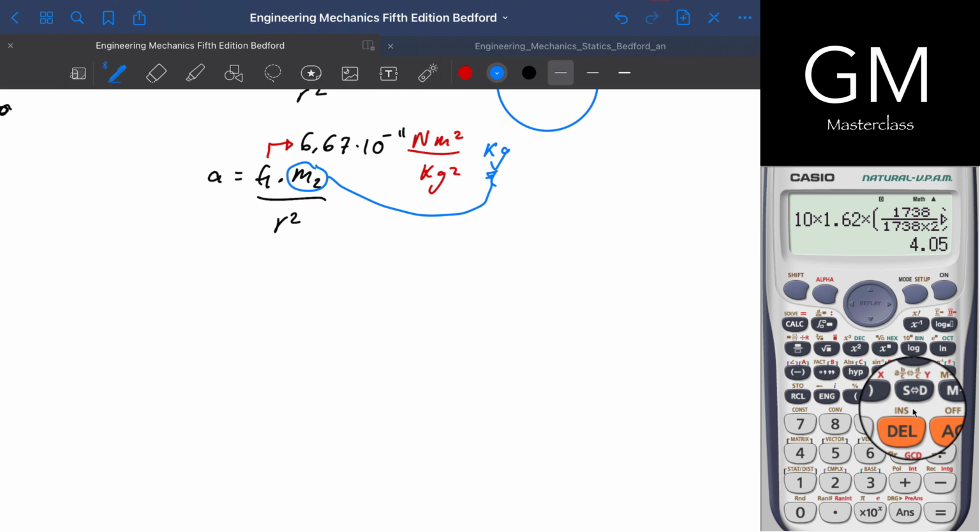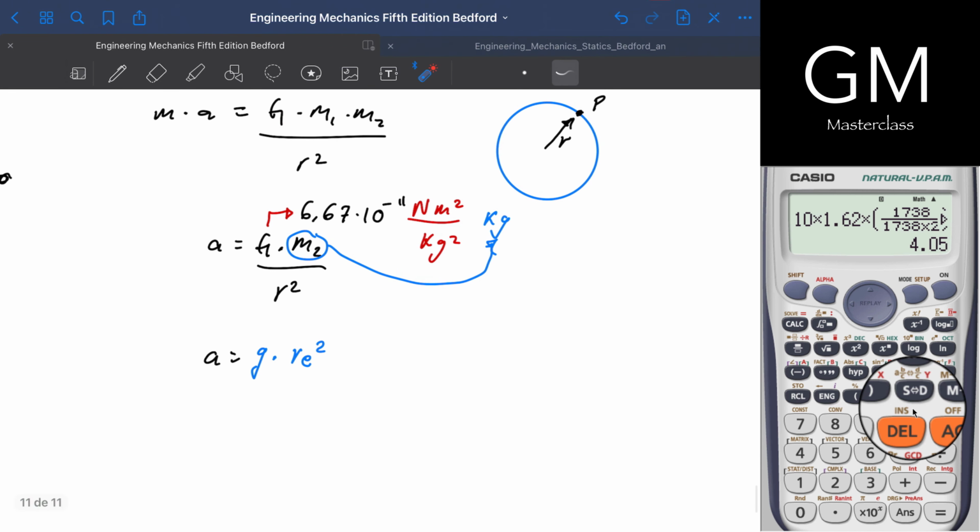Now, because of this, I could transform the upper side of the division into this, in which this RE is the same thing as the radius of the planet or the Earth evaluated to the second power, and this g is the same thing as the gravitational acceleration of the planet or the moon.